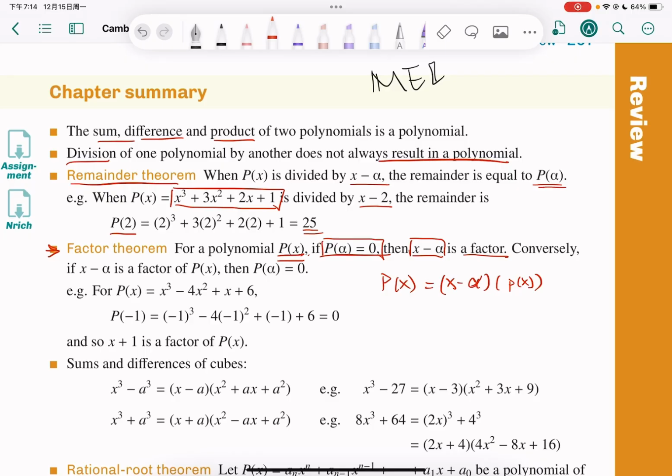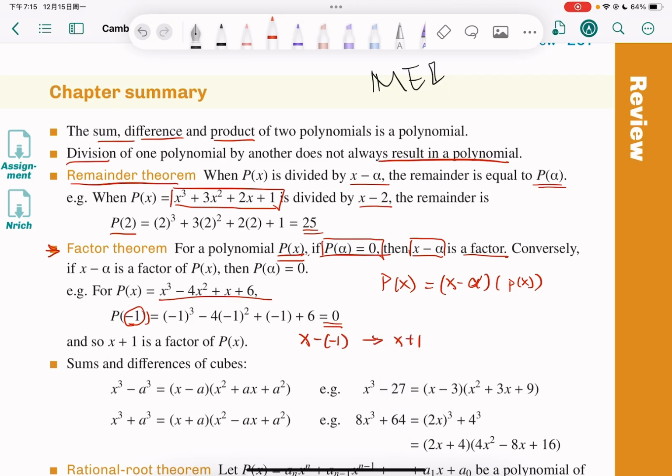Let's look at an example. If we have x cubed minus 4x squared plus x plus 6. So if we have p(negative 1), if we put in negative 1, then we get a 0. That means x minus negative 1 is a factor, which means x plus 1 is a factor.